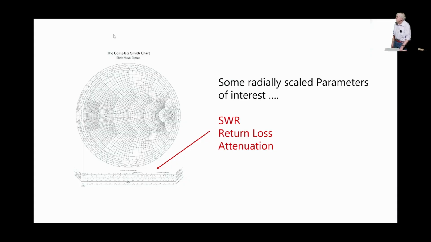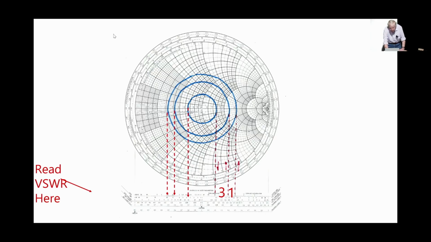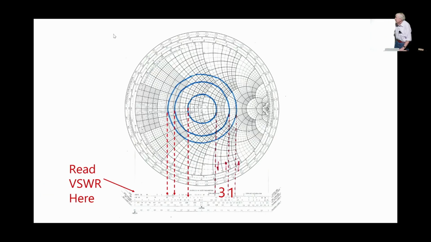We've got some scales down below, and they're going to show some surprising things. Okay, this is the problem. We've got a transmission line, and it's got 3 dB of attenuation, and your VSWR meter is reading 1.45 to 1. So we go to the Smith chart, and we plot that up.